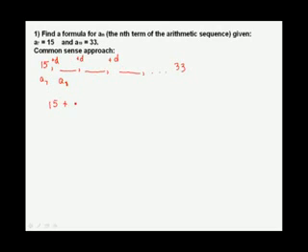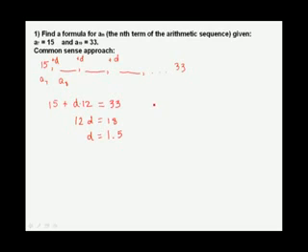Well, if I want to get to the 19th term, which I know is 33, the question is, how many times do I have to add d to 15 to get to 33? Well, if 15 is the 7th term and 33 is the 19th term, that's a separation of 12 terms. So I would have to add d 12 times.